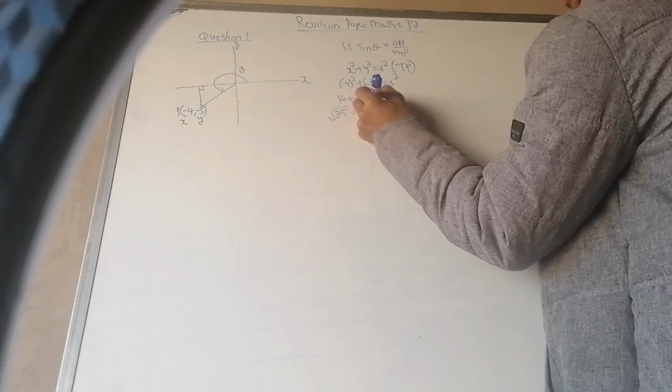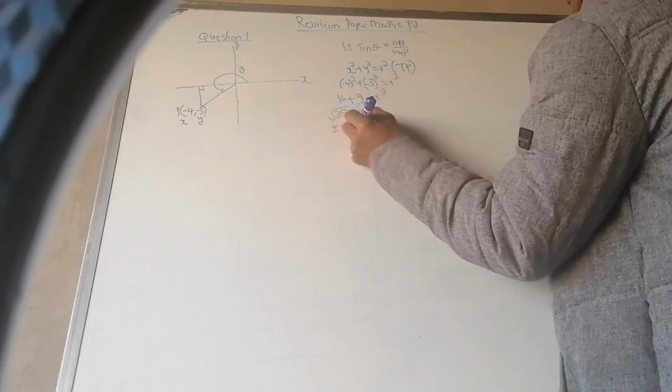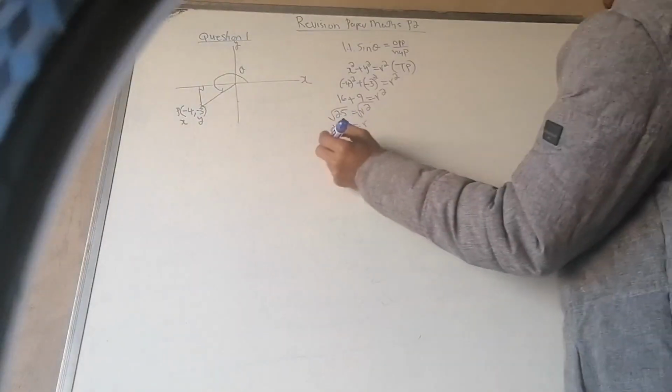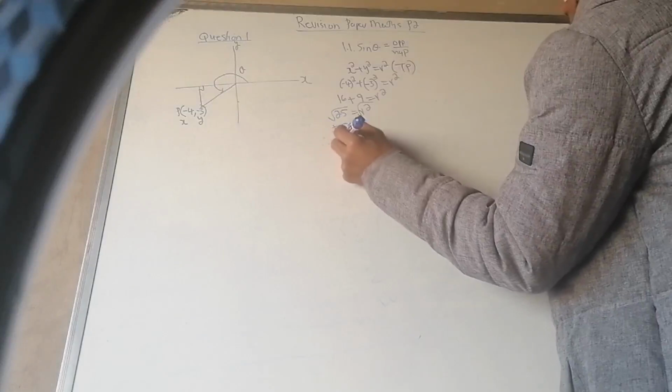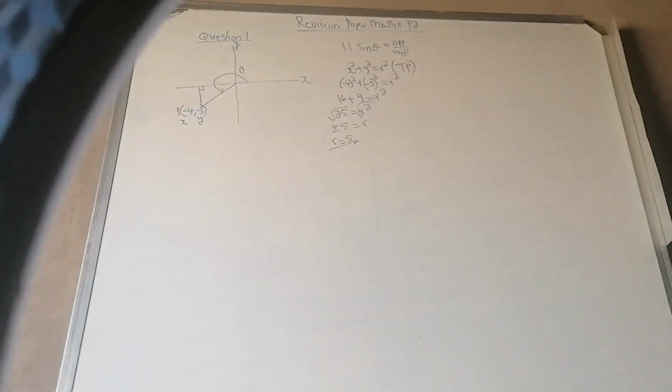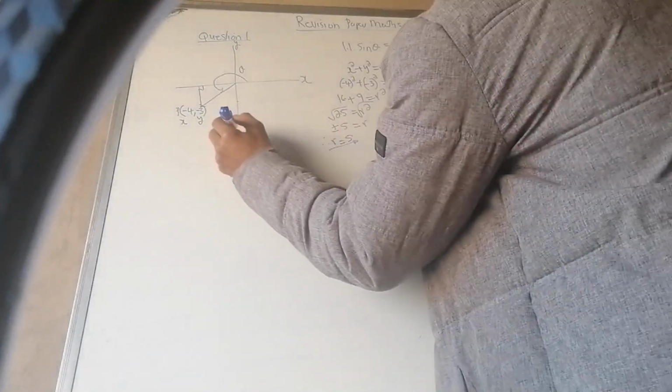25 equals r squared, so plus or minus 5 equals r. But I know that the hypotenuse is always positive. Therefore, I will conclude that r equals 5. Very, very important that we understand that. Now I can begin to solve for sin theta.